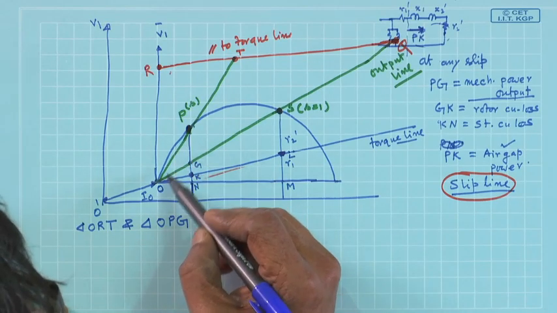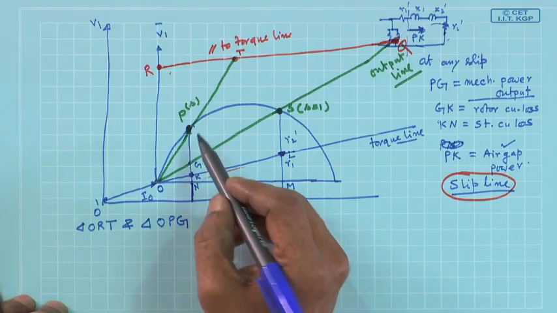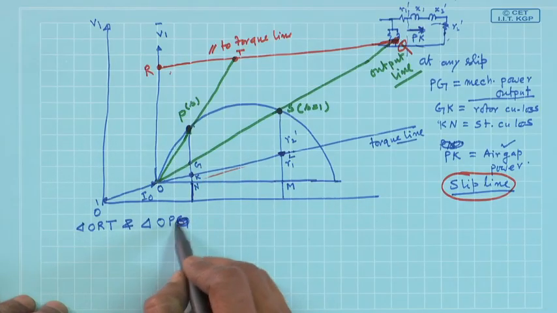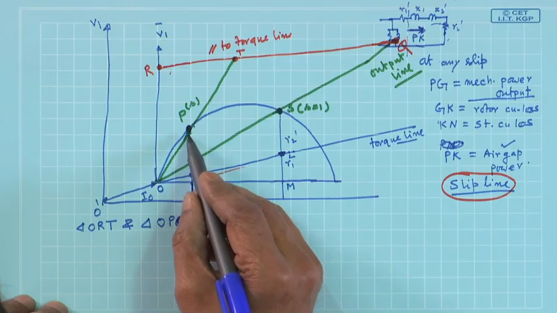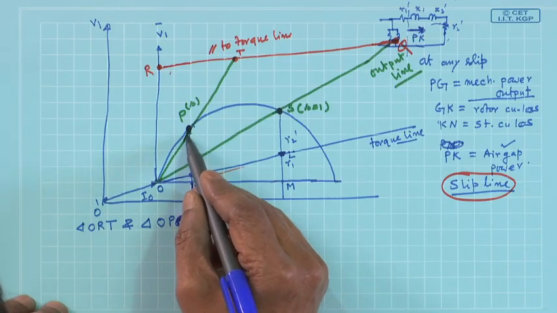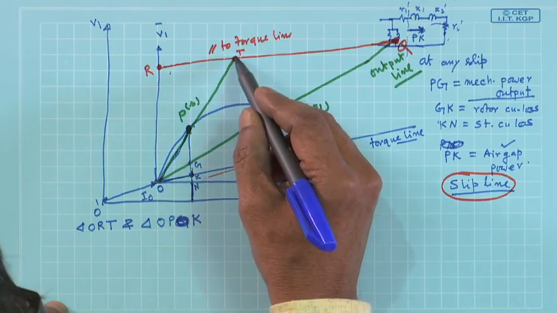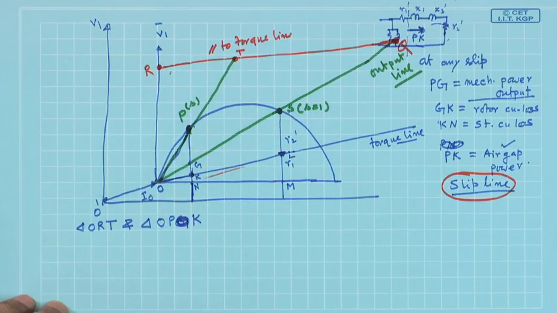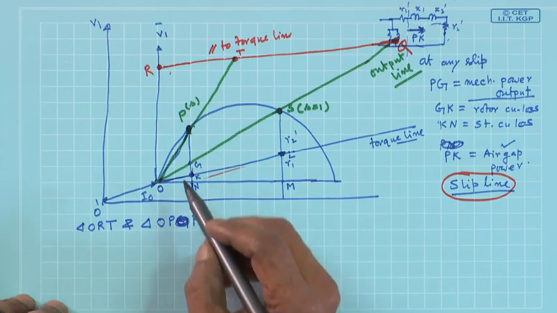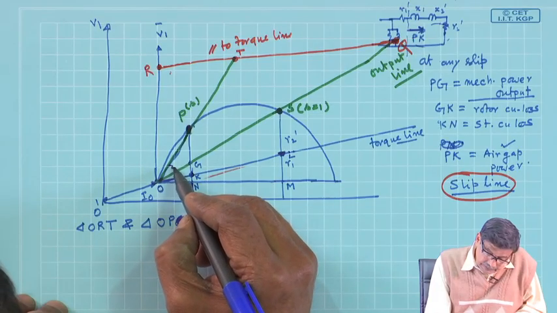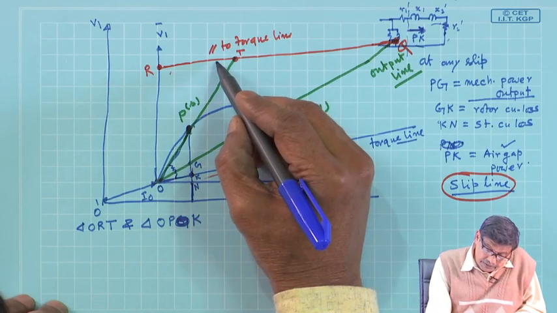Triangle ORT and triangle OPG, or OPK, sorry, OPK: this triangle and this triangle, these 2 are similar. Why? Because this angle must be equal to this angle.